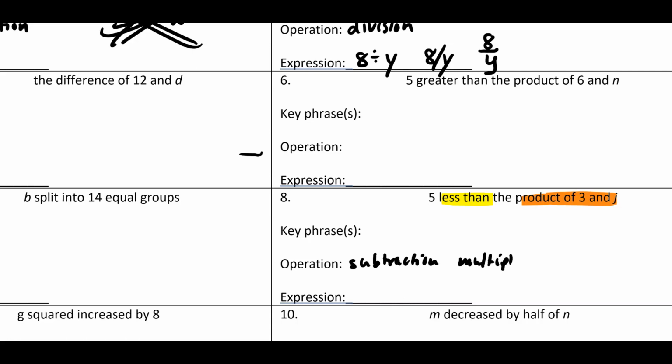Remember that less than phrase means you need to flip it, right? So this 5 less than can go all the way over here, and the product of 3 and j is actually going to come first. So the product of 3 and j, that's 3j, less than 5 is 5 minus 3j, right? So be very careful how you read that. And the rest you can go ahead and practice.